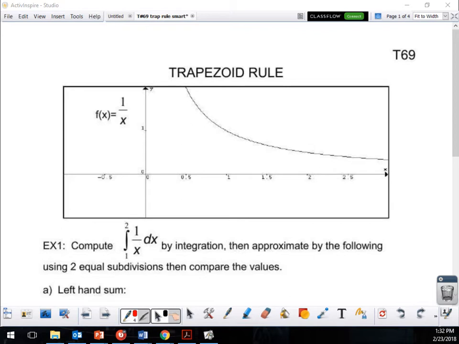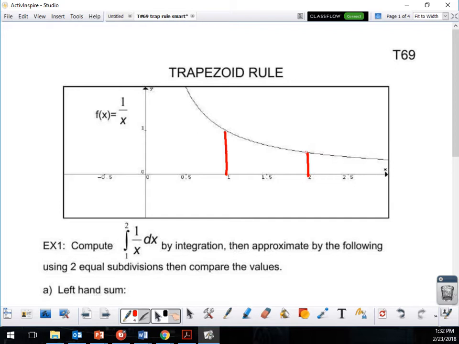Okay, so from what I'm doing here is the same function. This is from 1 to 2. So 1 is here, and 2 is right here. If I'm going to do this the different ways I've already done it, the first way is left hand, and it says 2 equal subdivisions.